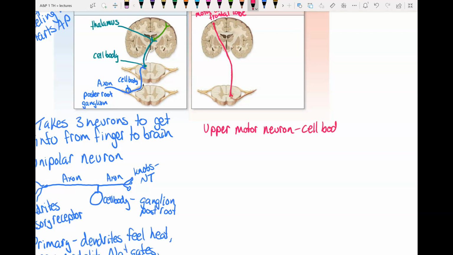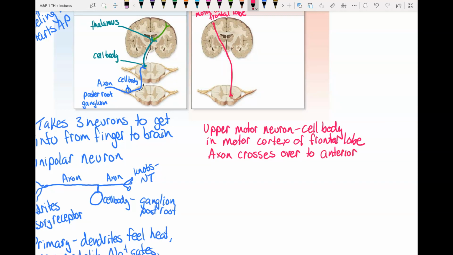Its cell body is in the motor cortex of the frontal lobe. And then the axon crosses over and goes to the anterior horn of the spine. And now it's going to secrete neurotransmitter.